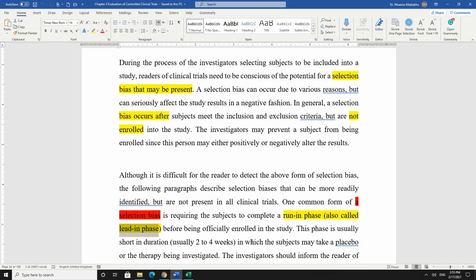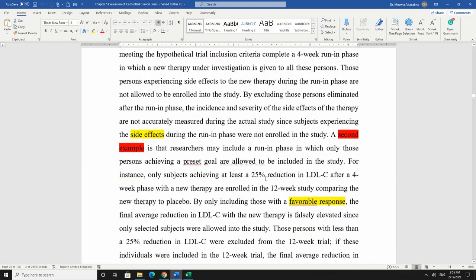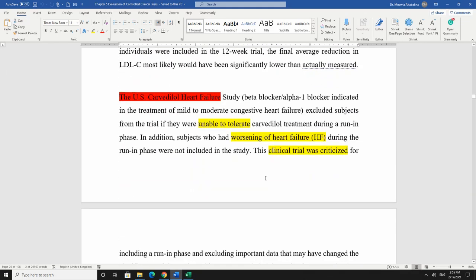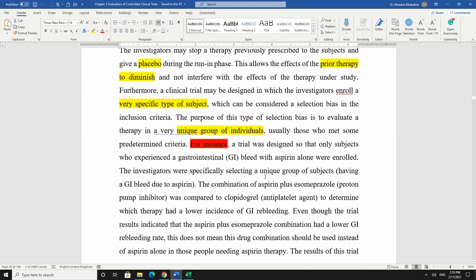Another example of a lead-in phase where there is no selection bias is, for example, let's say you have aspirin. Okay, aspirin.